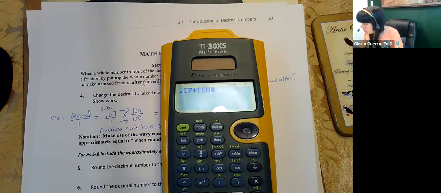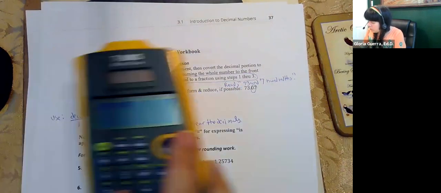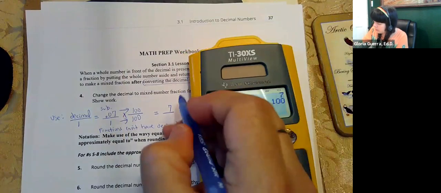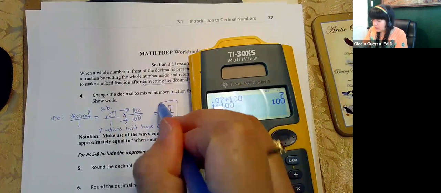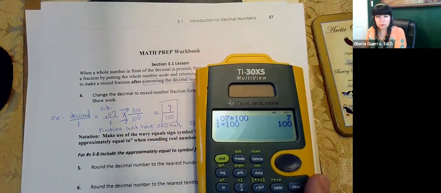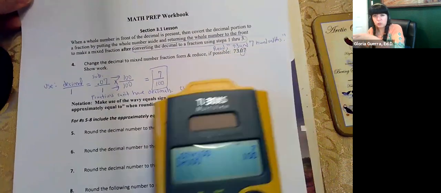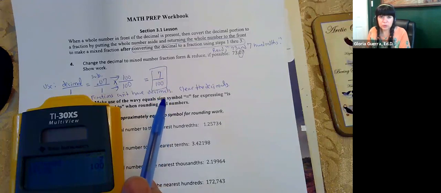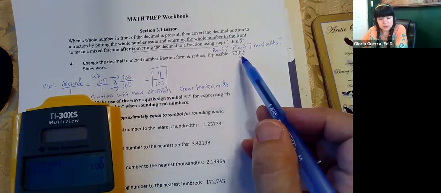So 0.07 times 100 is just 7. And 1 times 100 is just 100. Okay, and that cannot be reduced. 7's a prime number, and nothing will go into 7 and 100 besides the trivial 1. But remember, this is not your final answer, because remember, you had the 73.07.